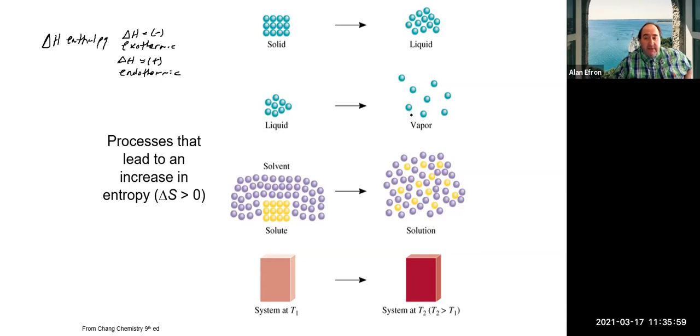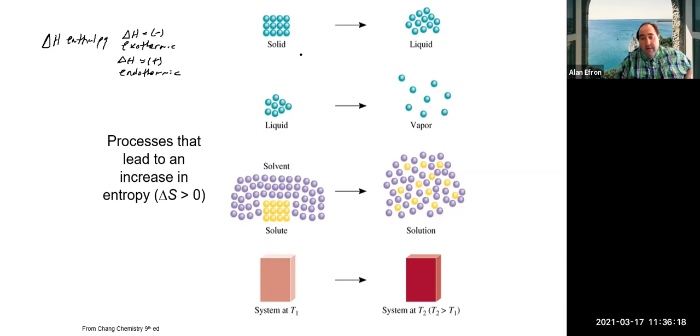As we saw in a slide a couple of slides back, there are a number of spontaneous reactions that are both exothermic and endothermic. For example, the melting of an ice cube is endothermic, but still a spontaneous process that occurs.